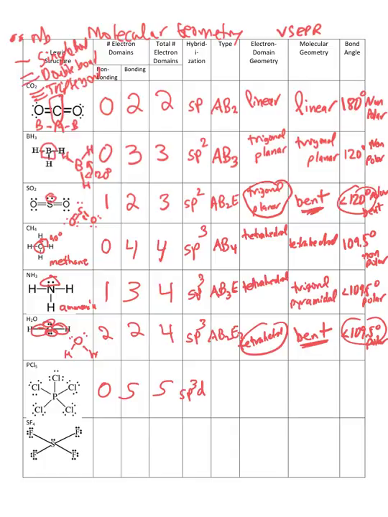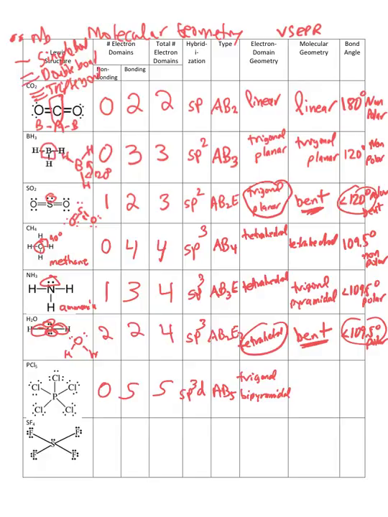The type will be AB5, and the electron domain shape that this particular configuration will give us is something called a trigonal bipyramid, a trigonal bipyramidal electron domain geometry.